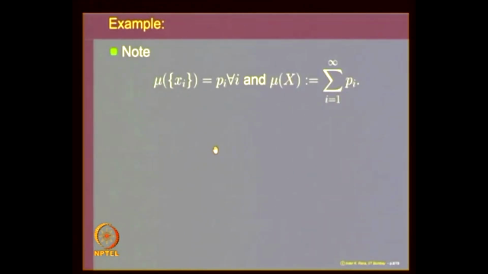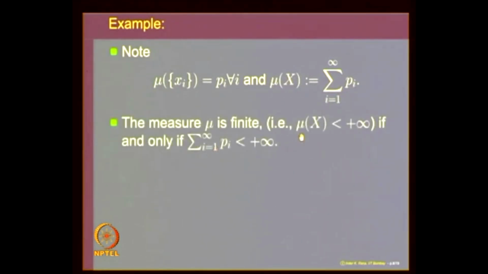So an obvious consequence of this is that mu of X is finite whenever this series is convergent. So one says this discrete measure mu is finite, that is mu of X is less than infinity, mu of the whole space is finite if and only if the summation of pi is less than infinity.